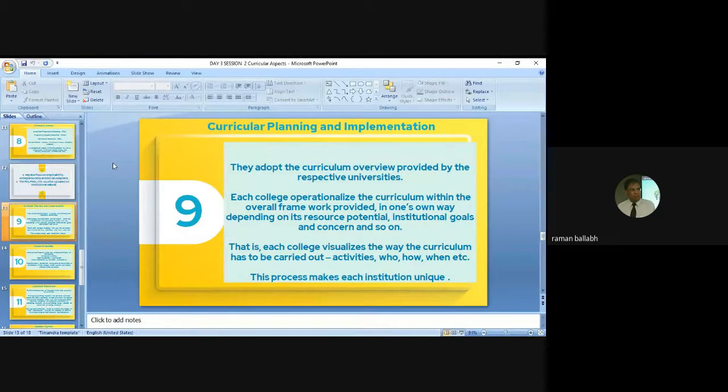Once you are a college, that means you have been given a curriculum. But to implement this curriculum, you have all the flexibility and opportunity to do so. What activity has to be done? I'm coming down to that.